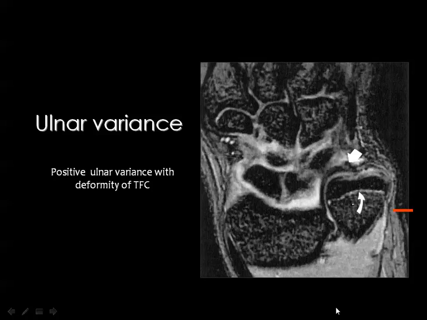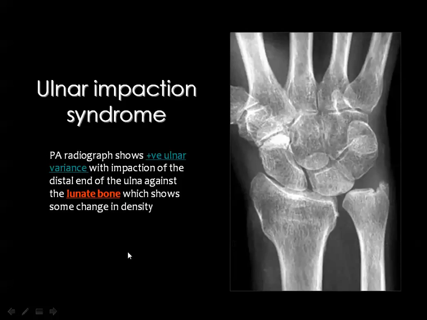This is positive ulnar variance. You see the ulna, and the triangular fibrocartilage is intact but is markedly deformed, as you can see here. And if the ulna is longer than the radius, it will impact against the lunate bone. And you remember that the triangular fibrocartilage lies in between.